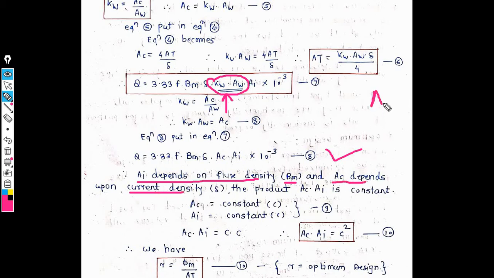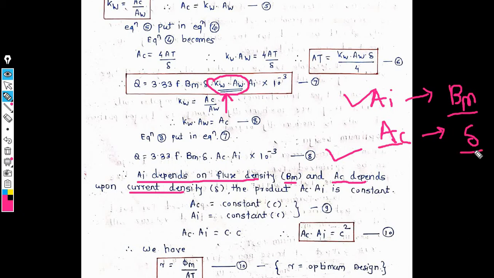That means AI, the net iron area, depends on the maximum flux density BM, and AC, the area of the copper conductor, depends on sigma. That means AI and AC depend on BM and sigma.